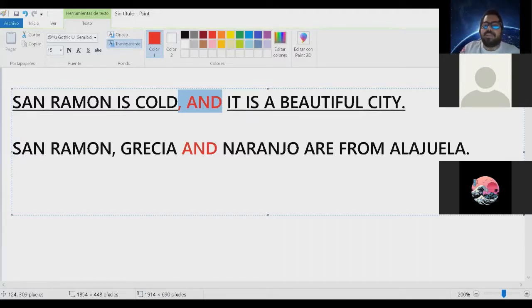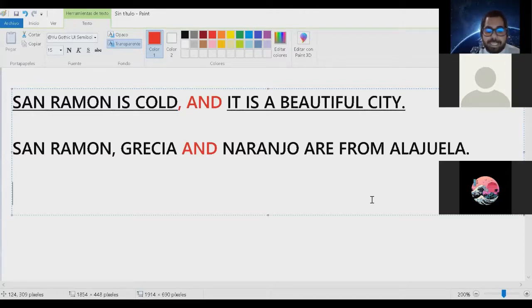Let's imagine that in this case, Yerlani tells me, well, teacher, you know, yesterday I went to the supermarket and I bought some vegetables, fruits, and milk. In that case, guys, Yerlani is counting, right? She's saying, well, teacher, vegetable, fruits, and milk. We don't need a comma in there, guys, because she's counting.